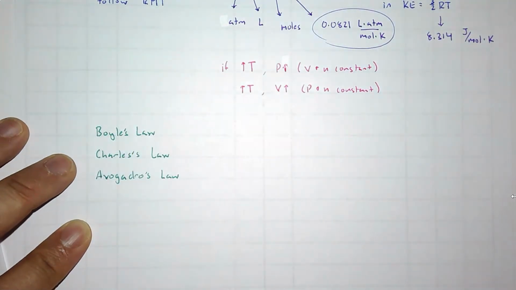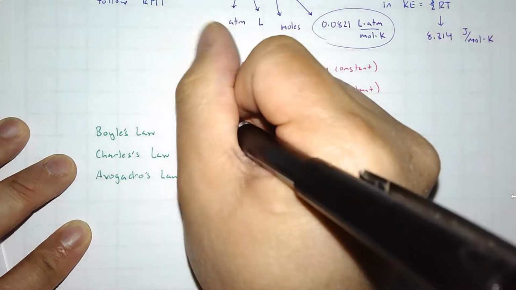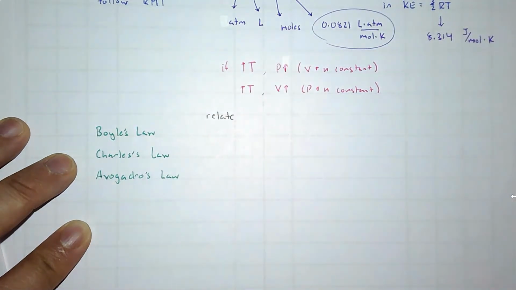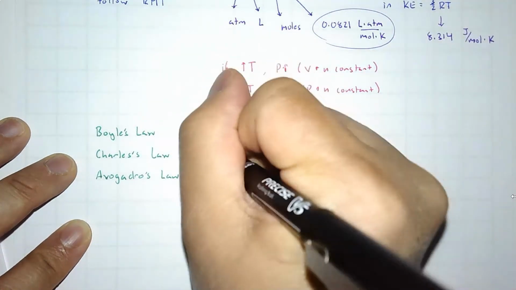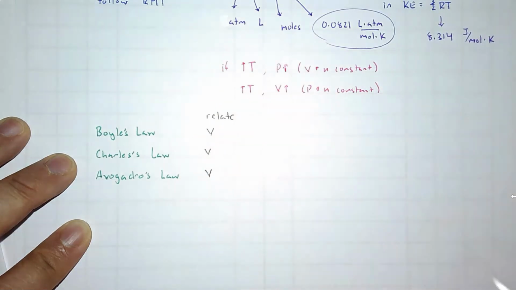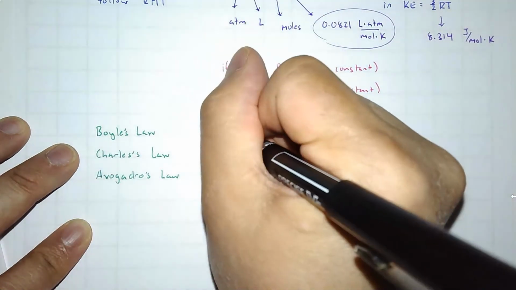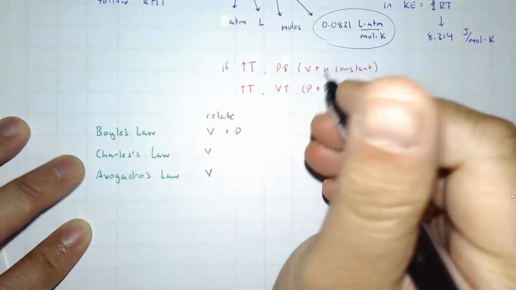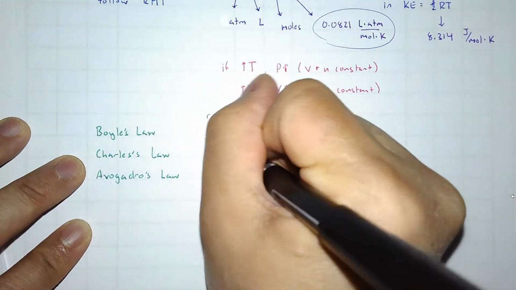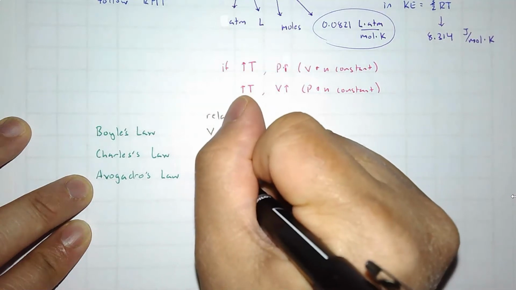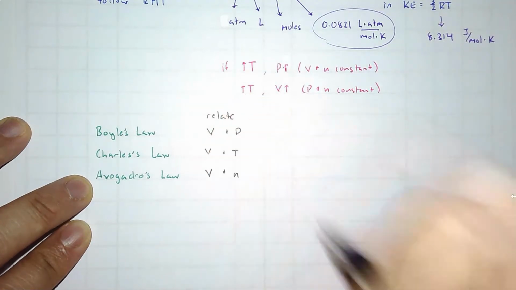And they relate, for Boyle's law, well, actually all of them relate volume to some parameter. So Boyle's law is volume and pressure. Charles' law is volume and temperature. And then Avogadro's law has to deal with moles, so you can imagine that it's volume and moles.